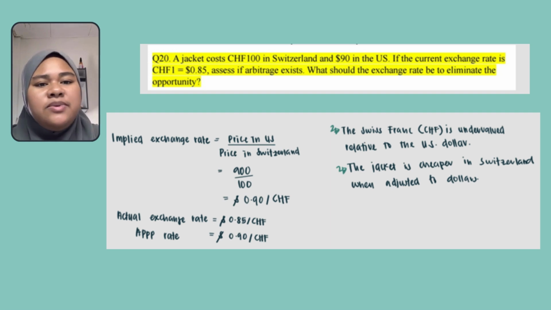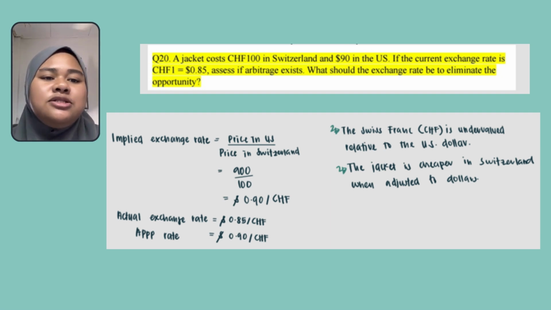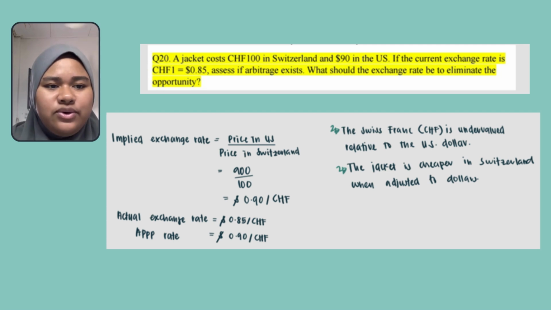So the first step is we need to calculate the theoretical exchange rate using APPP. According to APPP, the formula for the implied exchange rate is the US price divided by the Switzerland price, and we got 90 over 100, which is 0.90. So the theoretical exchange rate is CHF 1 equal to USD 0.9.